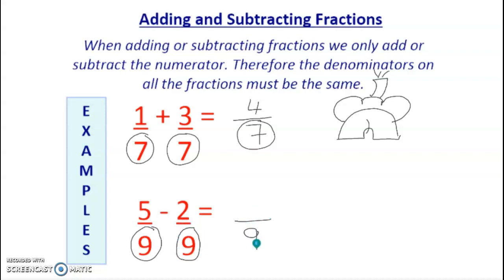How many ninths? That denominator has not changed. 9, 9, 9. This time it's a takeaway, so I'm going to do 5 take away 2. And hopefully you can tell me that that is 3. And that's my answer. The answer is 3/9.